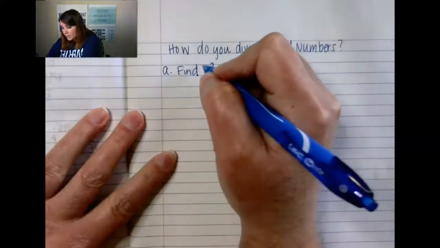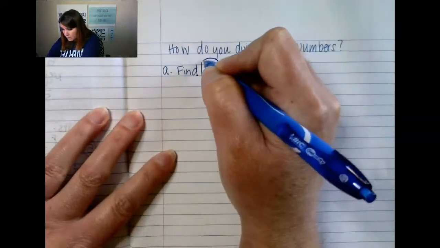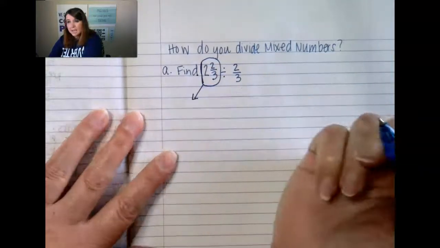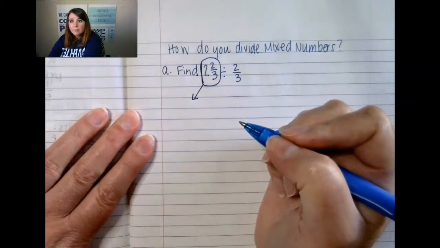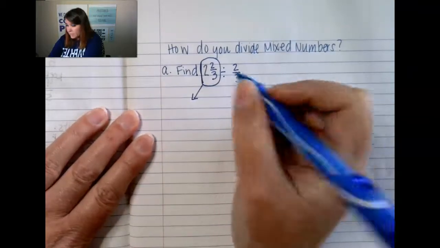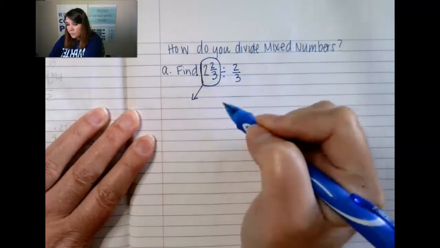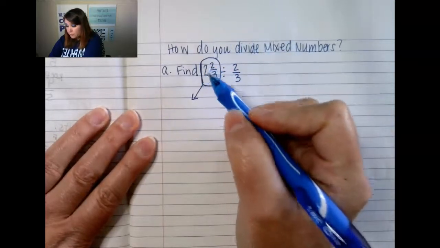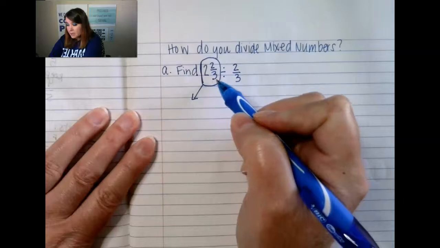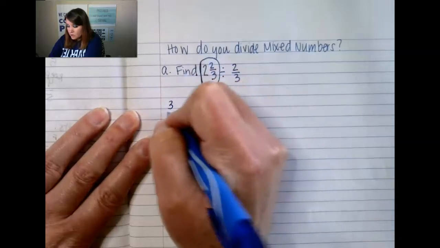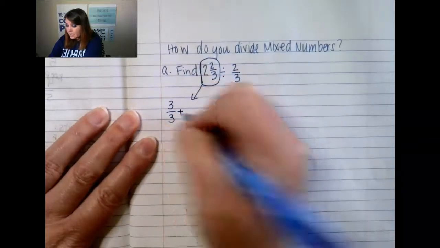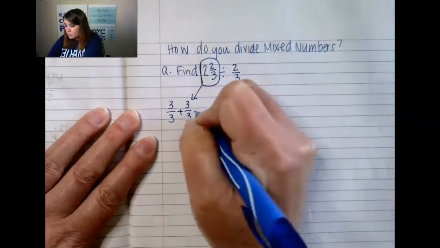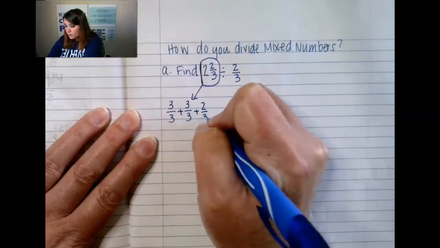So we need to create an improper fraction here. Let's take 2 2/3 and make an improper fraction. The first thing, we need to work with this 2. This 2 is the same as saying 3/3 plus another 3/3, plus 2/3.